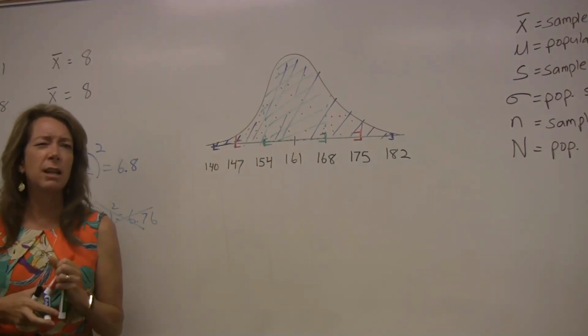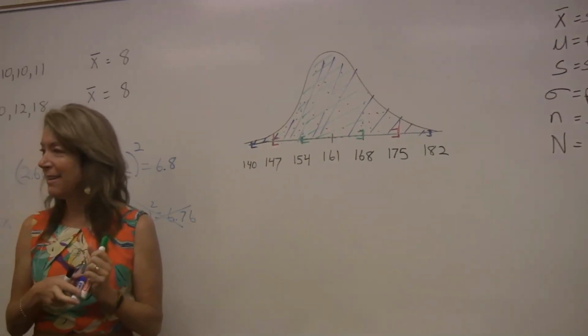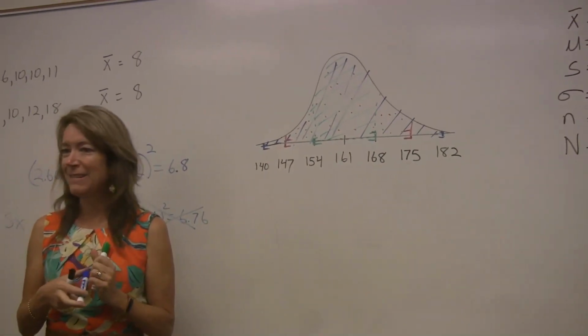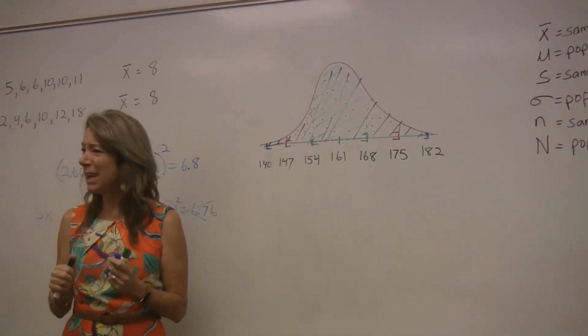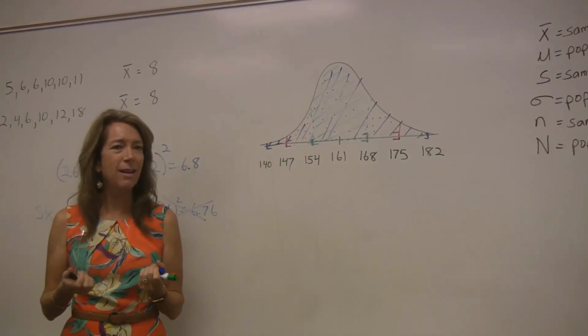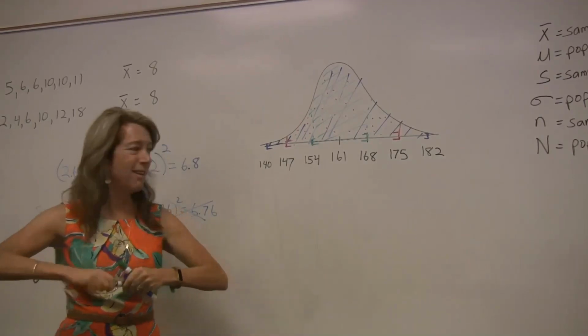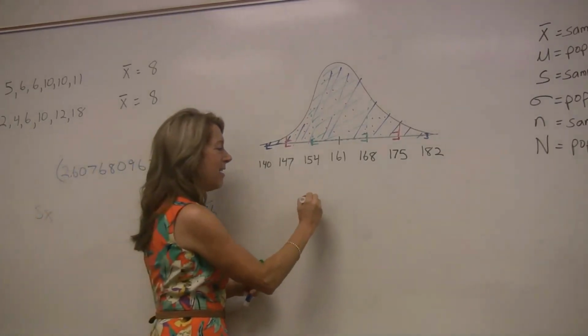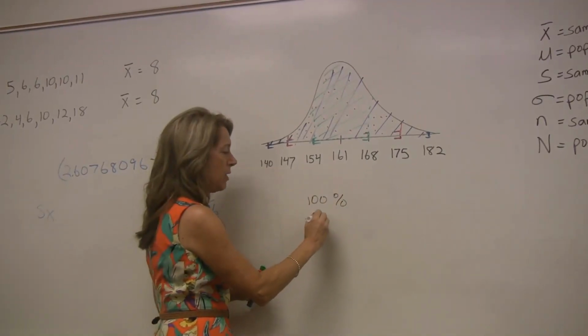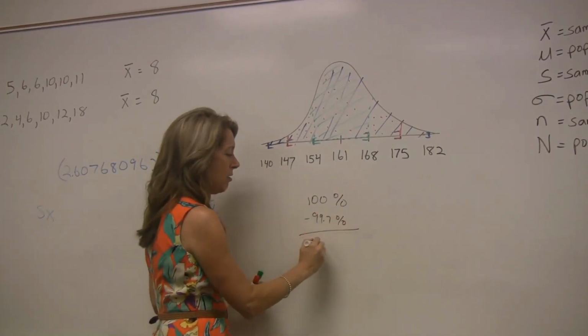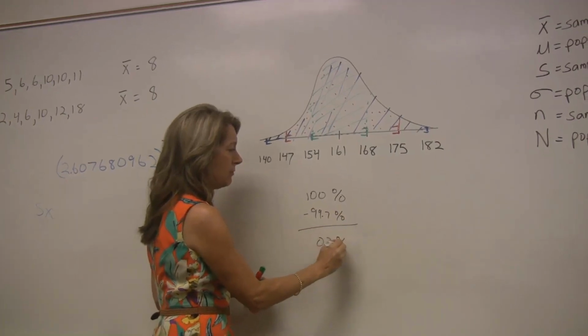What percent are not in there? So I'm hearing 0.3%? Where are we getting 0.3? It's what's left from 99.7. You think 100% is all women. If you subtract 99.7%, you're left with 0.3%.